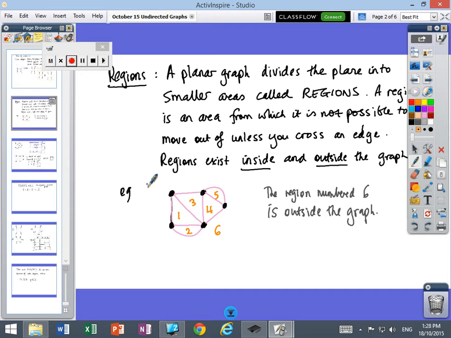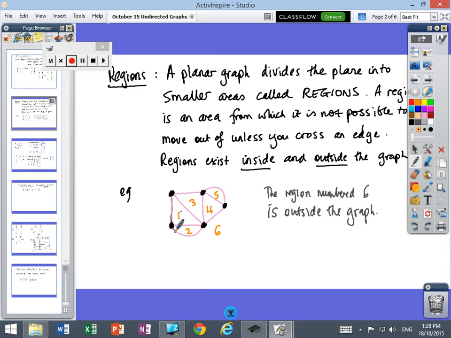So we've labeled them here. Region 1, for example, is in an area that it can't get out of because it is bound by, in this case, 3 different edges. If we have a look at this one down below, number 2, it is bound by 2 edges, but nonetheless it's inside and it's contained between edges. So this particular network has 5 regions that are inside the graph.